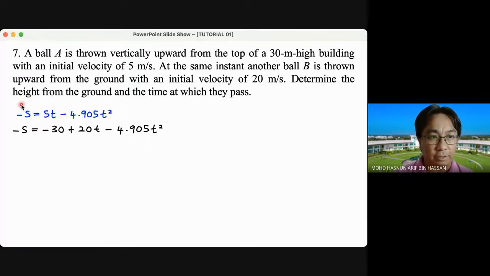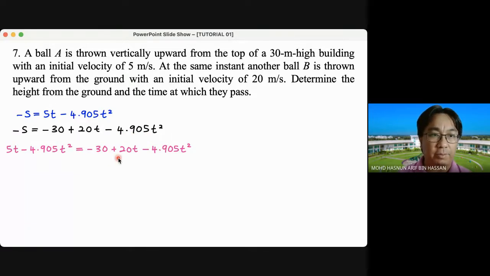Okay, so basically kalau you tengok on the left hand side, minus S sama dengan ini untuk ball A, minus S sama dengan ini untuk ball B. So both on the left hand side is equal to minus S. Basically you can rewrite this equation into this: 5T minus 4.905T square equal to minus 30 plus 20T minus 4.905T square.